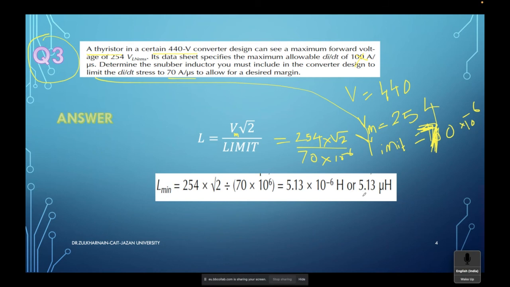You will get approximately 5.13 into 10 to the power of minus 6 Henry. Once again, 10 to the power of minus 6 means micro. So remove this 10 to the power of minus 6 and just write 5.13 mu, written like this, mu, meaning micro. So this is the procedure for the third question.